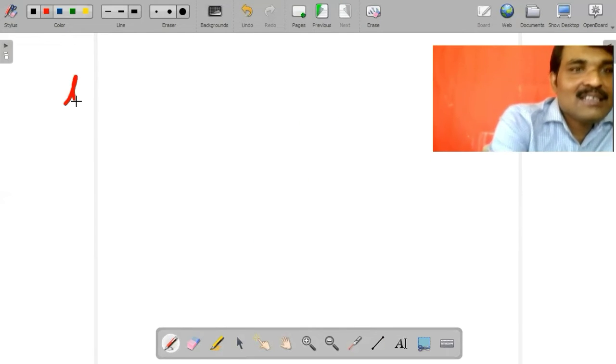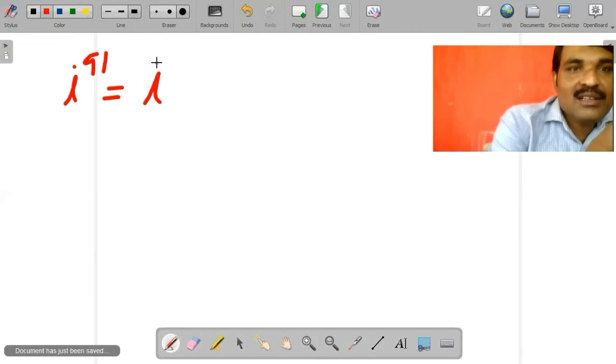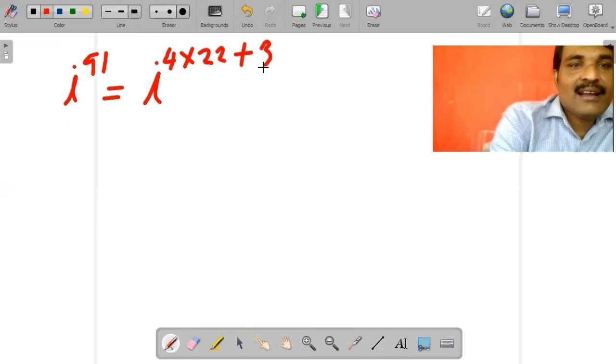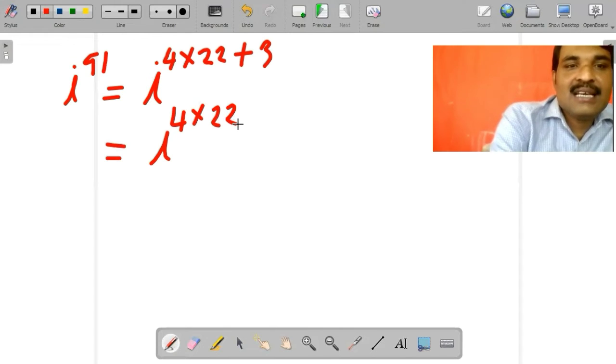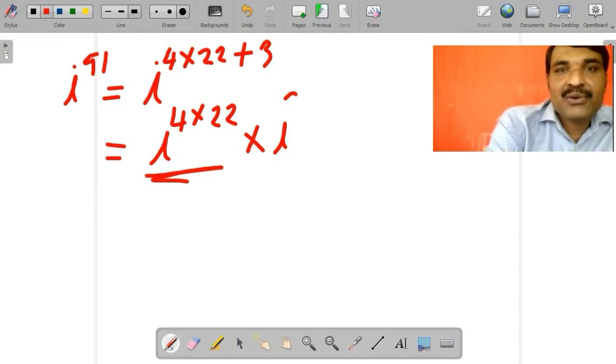Suppose iota raised to 91. We can write 91 as 4 multiplied by 22, 4 into 22 means 88, plus 3. So iota raised to 91 is equal to iota raised to 4 multiplied by 22, so this term is a multiple of 4 whose value is always equal to 1, multiplied by iota cube.